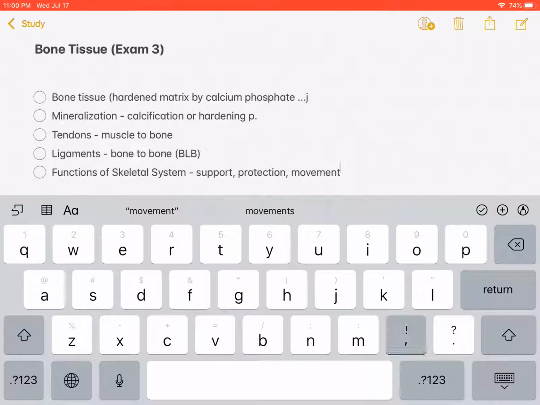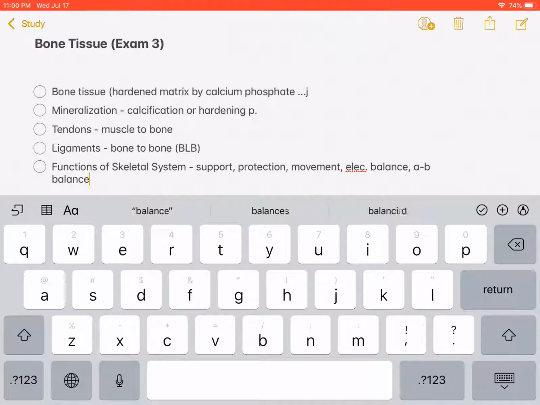I know it might be a lot for some of them. We have electrolyte balance and acid-base balance and blood formation. So I'm just going to put elec balance for electrolyte balance. We have our acid-base balance, and we have our blood formation that occurs in the bone marrow.